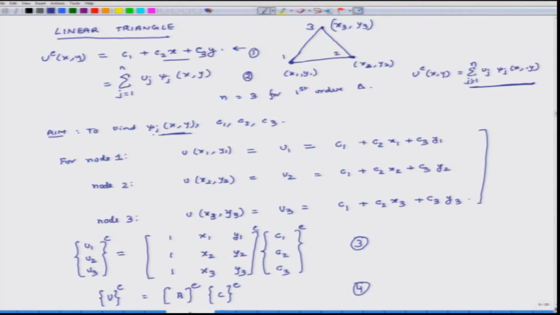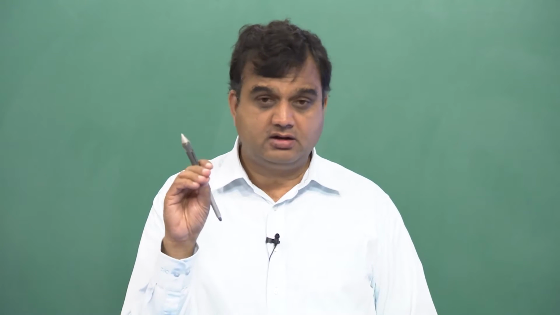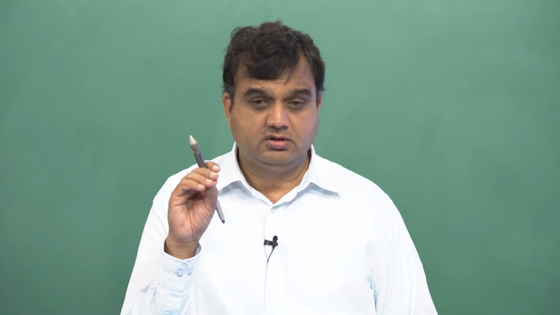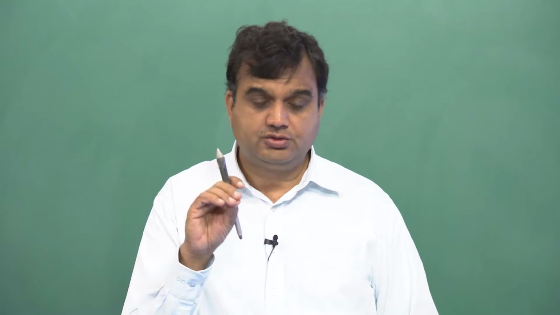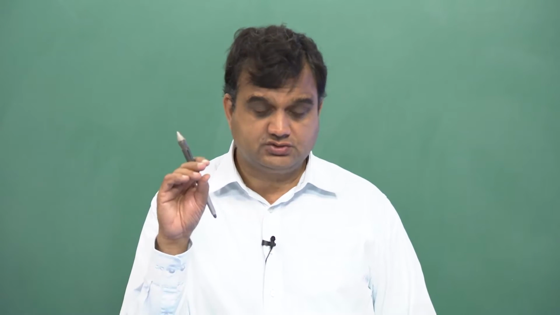What are U's? Physically, what do U's represent? They represent the values of the unknown variable at nodes. So, U1 represents the value of U at node 1, U2 represents the value of U at node 2, and so on and so forth.